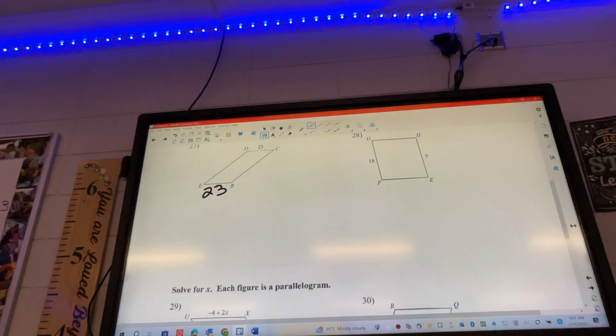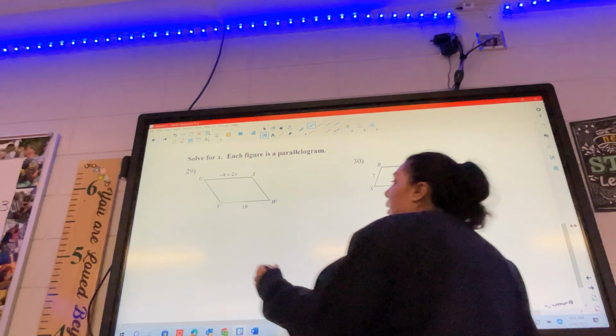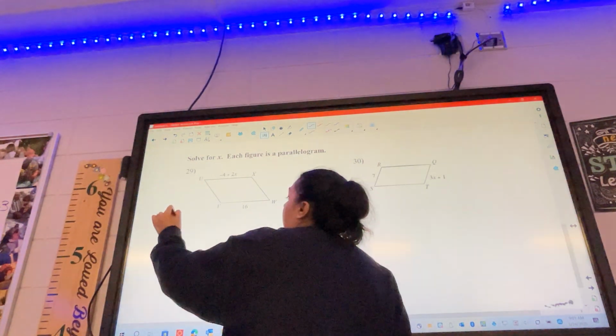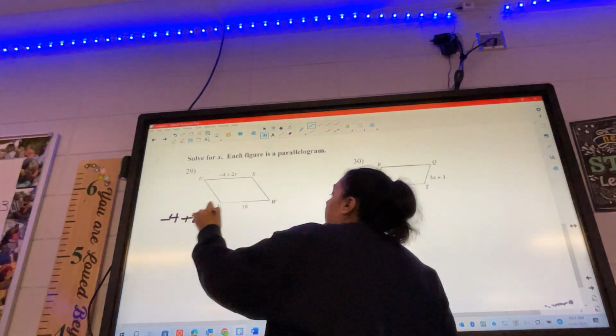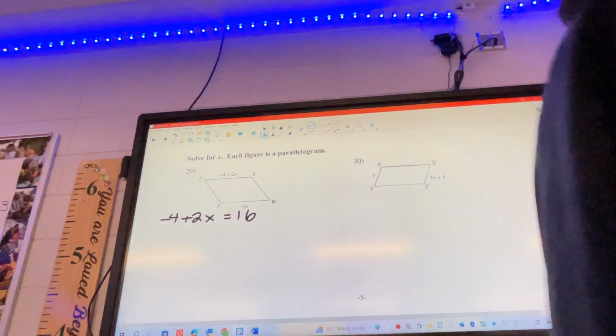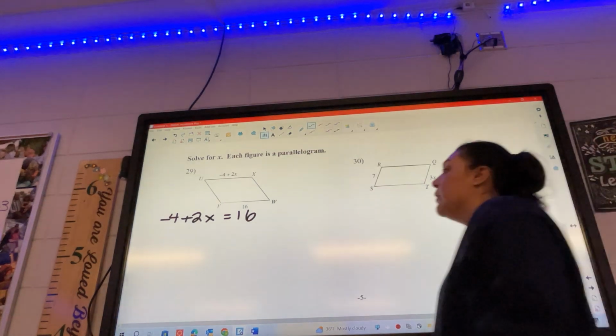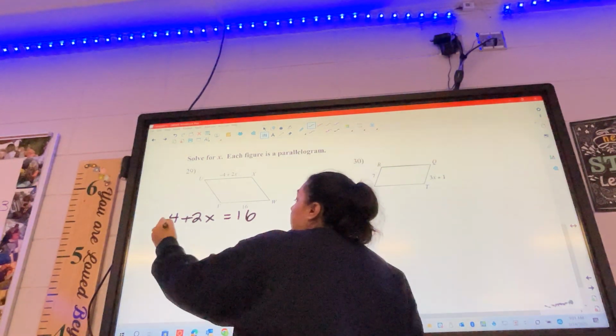Okay, 29. Which one should I write down first? Yeah, it's the one with the x. We always want to get it on the left side. So negative 4 plus 2x equals the bottom part, which is 16. Who needs moved? The negative 4. So we add 4 to both sides.